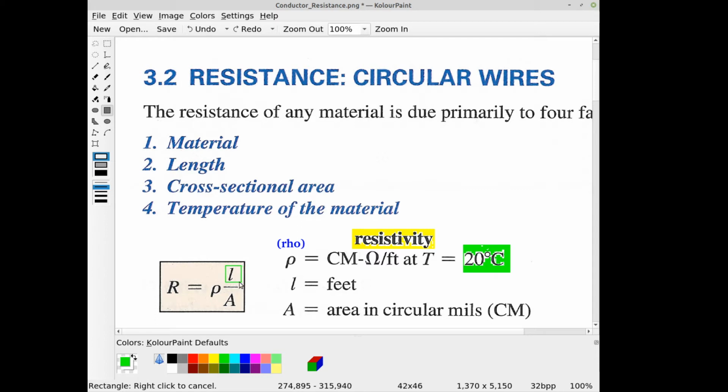The length is in the numerator, and the units of the resistivity have the length in the denominator, so those cancel out when you do that multiplication. Similarly, we divide by the cross-sectional area, and since the resistivity rho has the area in the numerator, those cancel out as well.